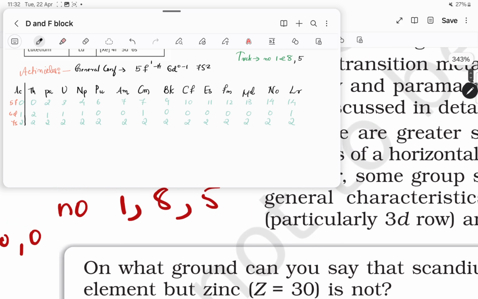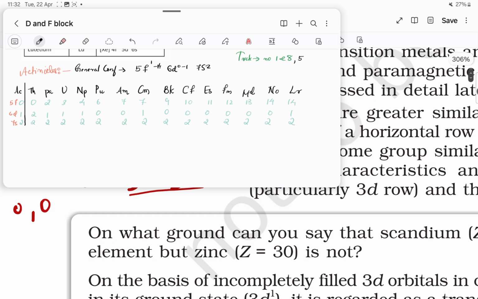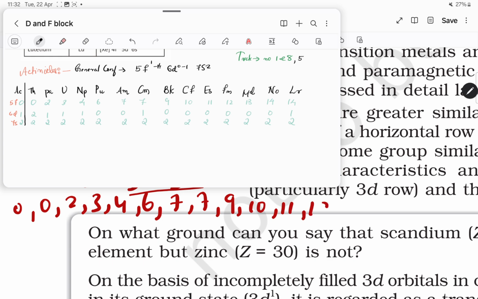Here 3 numbers are there. So starting with actinium 0, 0. Go with 0, 0. Then there is no 1, 2, 3, 4. There is no 5. So 6, 7 again repeat 2 times. Then there is no 8. So 9, 10, 11, 12, 13, 14 again 2 times. Like this you have to learn.